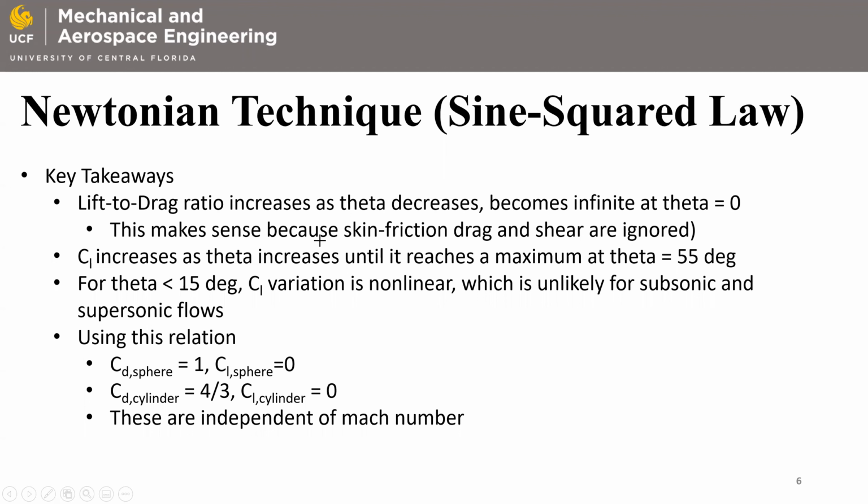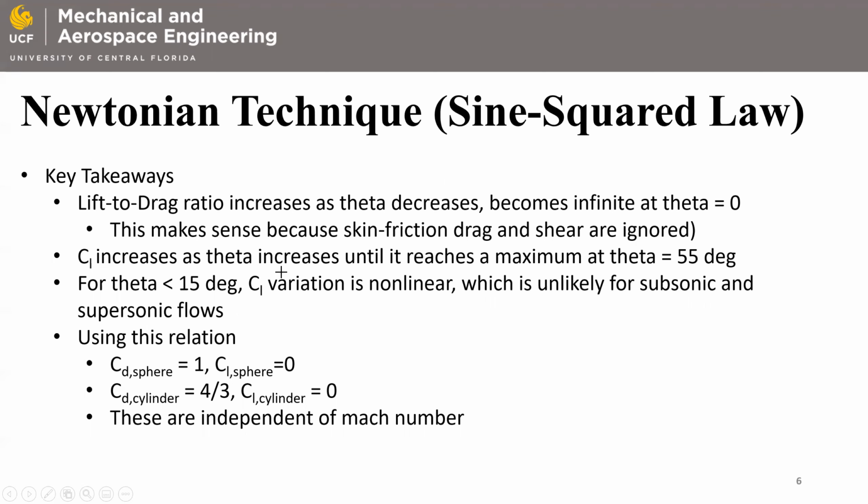This makes sense because this is for inviscid flows, so skin friction drag and shear are ignored. Your CL increases as theta increases, but there's a maximum at theta equals 55 degrees. And at theta less than 15 degrees, your CL variation is nonlinear, which is unlikely for subsonic and supersonic flows, but more likely for hypersonic.